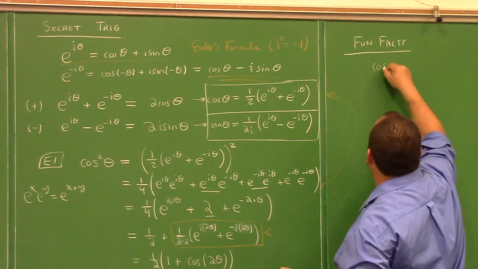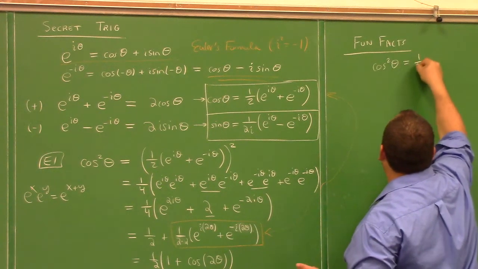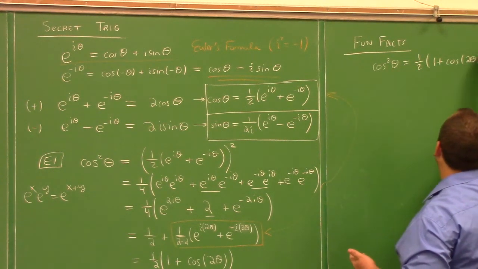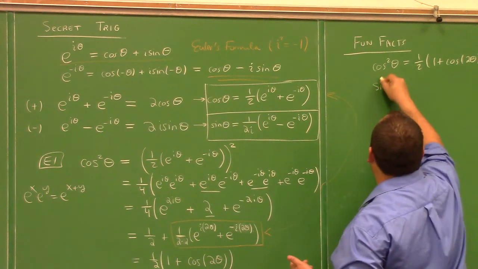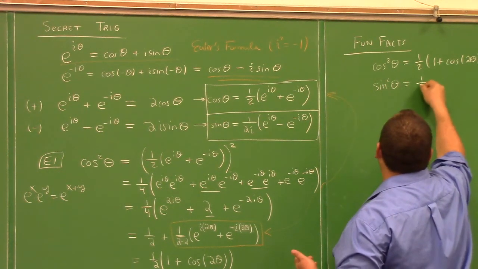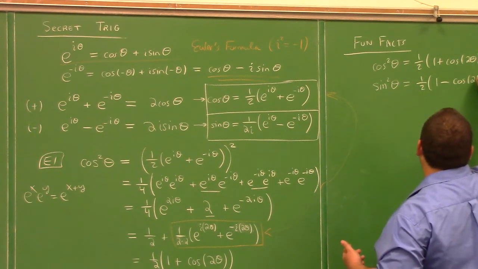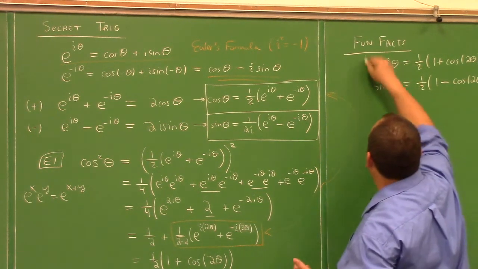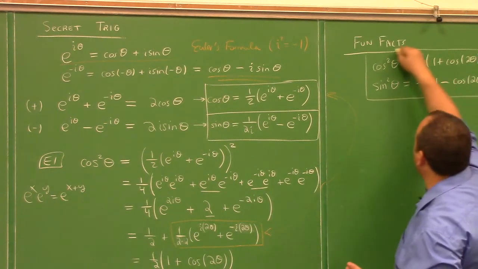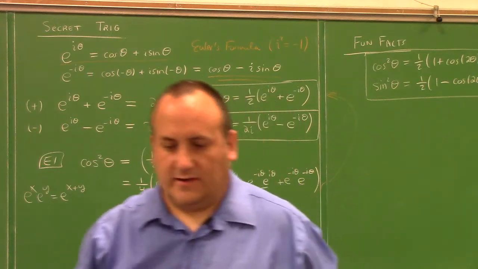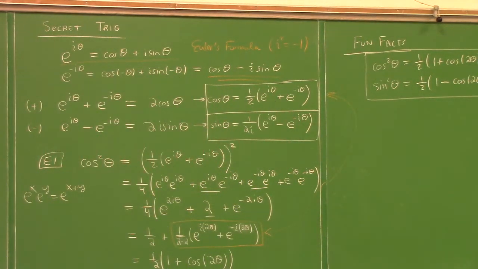Cosine squared theta is 1/2 of 1 plus cosine 2 theta, and sine squared theta is 1/2 of 1 minus the cosine of 2 theta. So you need to know these so-called half-angle formulas to deal with integrations of cosine squared and sine squared. It's pretty much the only way to do it. What I just showed you is a kind of sneaky way to derive that identity.